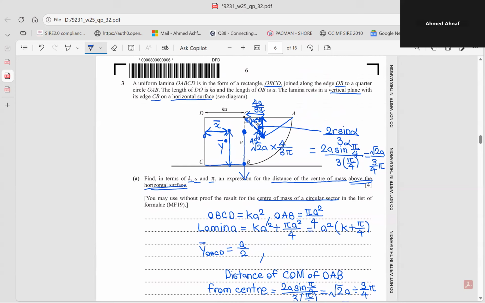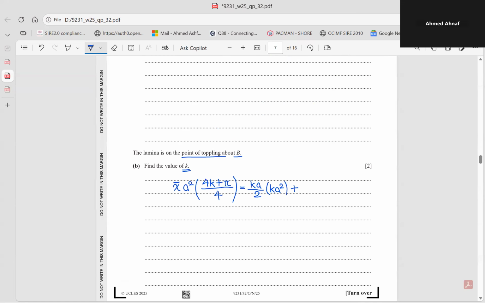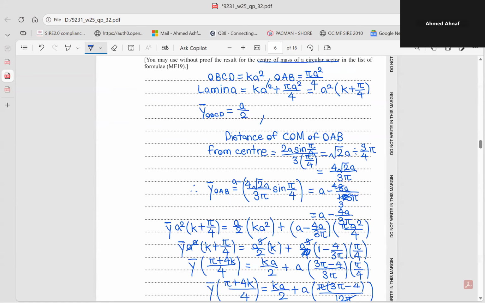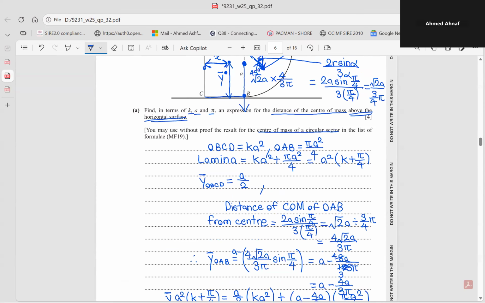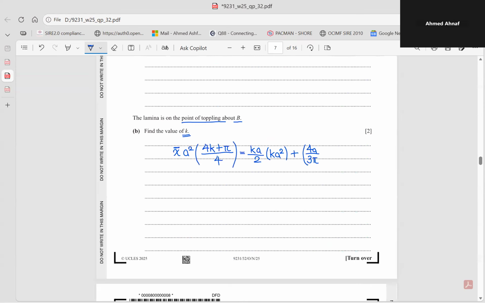Since it's a 45 degree angle, cos 45, this is also 4a over 3 over pi. And then you just add k plus a to find the entire distance. So this is 4a over 3 over pi plus ka plus ka.